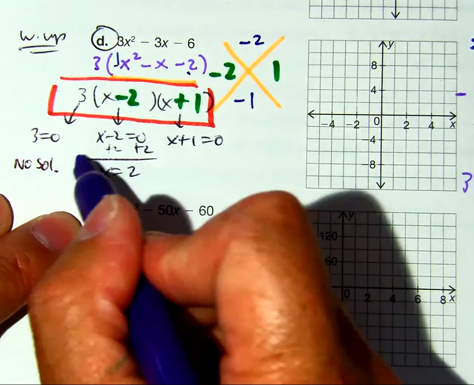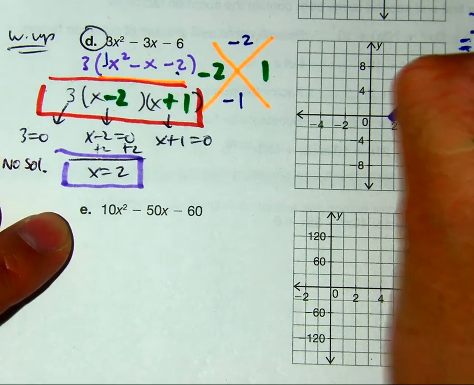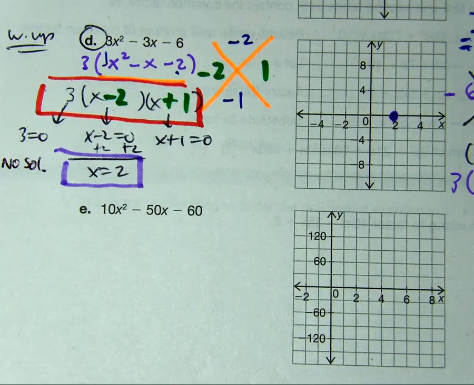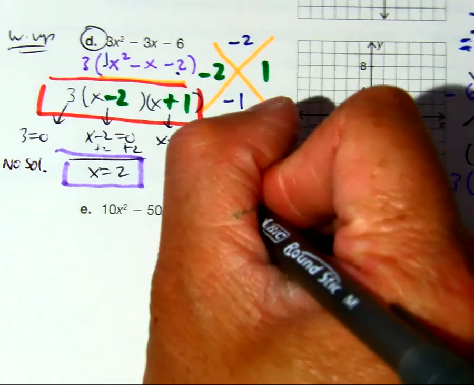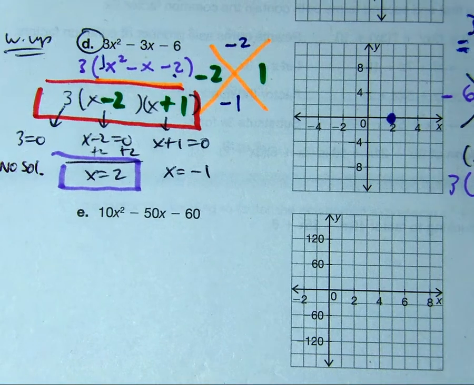Now, where is that on my graph? That is where x is equal to 2. X is equal to what? Negative 1.